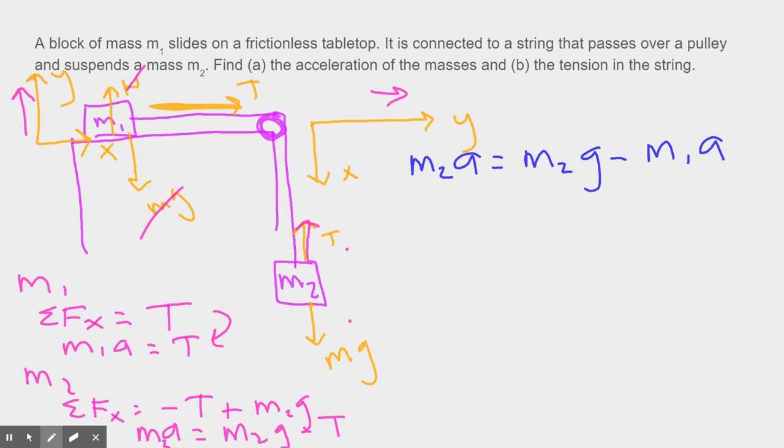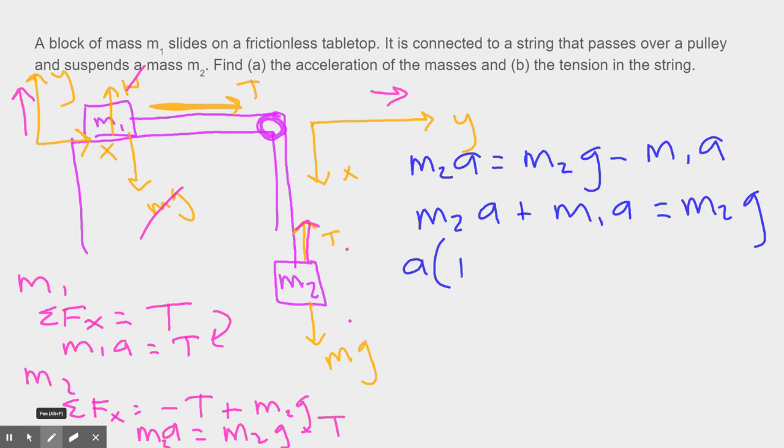And when we do that, we should see that m2a plus m1a, we wanted to get the acceleration variable on the same side, is equal to m2g.